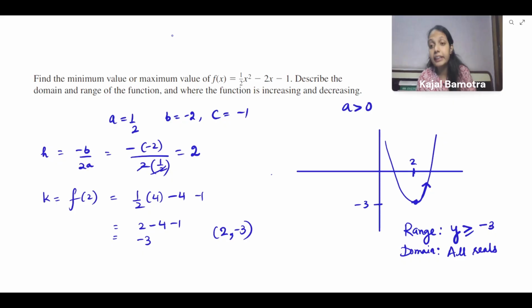So the function is increasing after 2. So 2 to infinity, it is increasing. Before 2 the graph was going down. So negative infinity to 2 is decreasing.